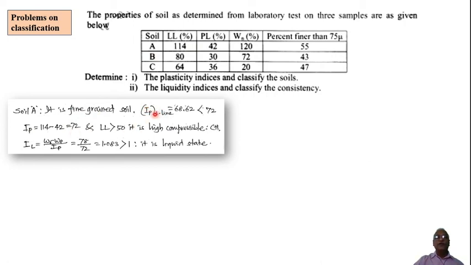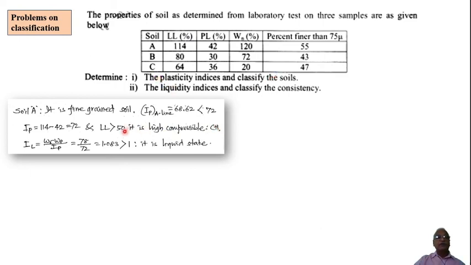You know the equation 0.73 (WL minus 20) comes out to be 68.62, but the actual value is 72. That is to say the soil lies above the A line. Liquid limit is 114, beyond 50, that's why it is clay with high compressibility.